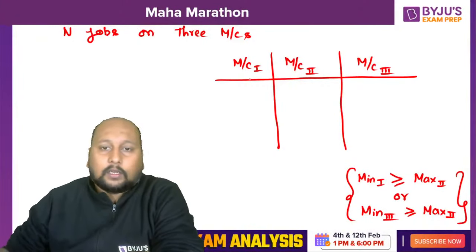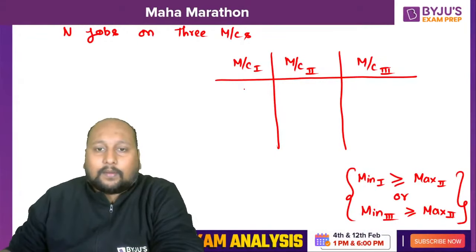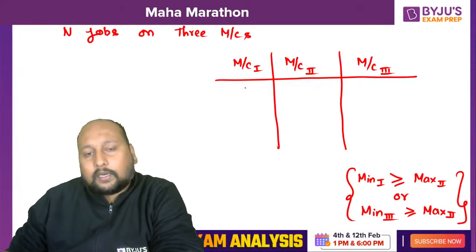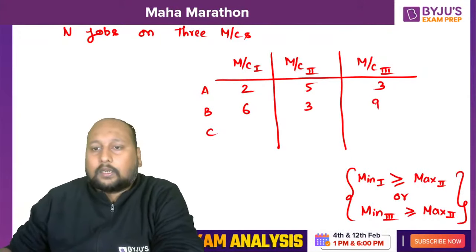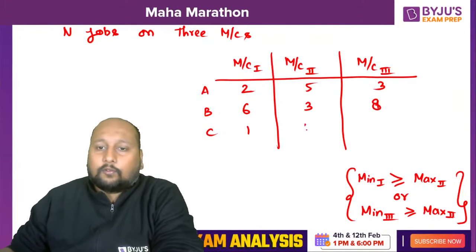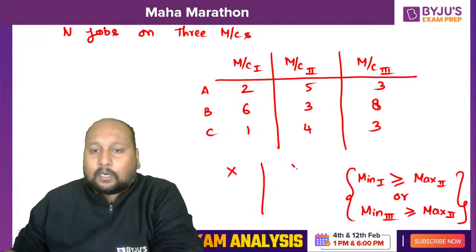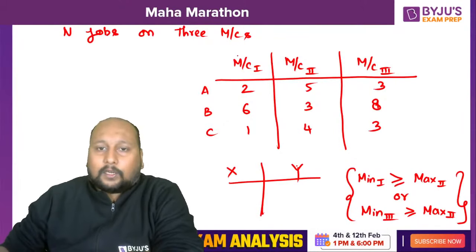How we can convert? Let's say I'm having some values. Let's say this is A, this is B, this is C. This is 2, 5, 3, 6, 3, 9, or let's say 8. This is 1, 4, 3. Okay, so we have to convert into a 2 machine job. How we can convert into a 2 machine job? That is machine 1 plus machine 2.